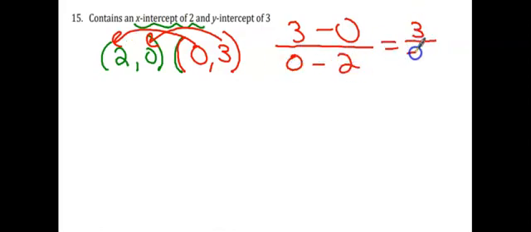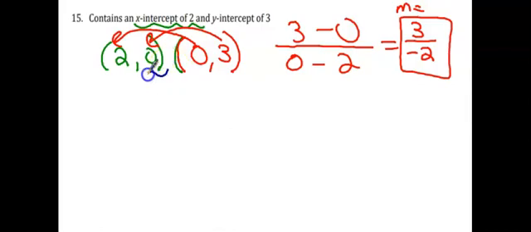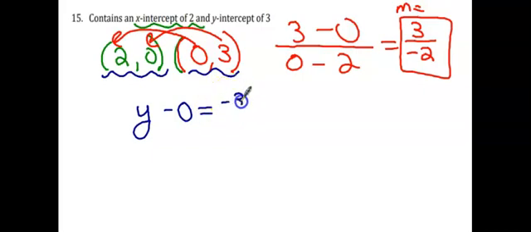So 3 over negative 2 is my slope, m equals. Then I have my point slope form, so I can use either point. I'm going to use 2, 0. So y minus 0 equals negative 3 halves times x minus 2.